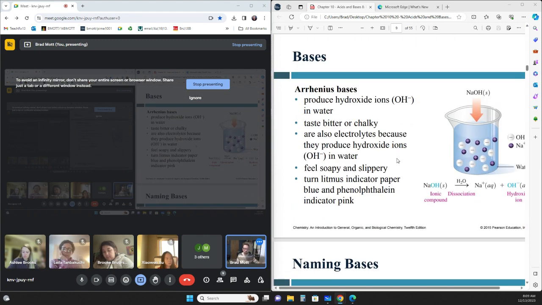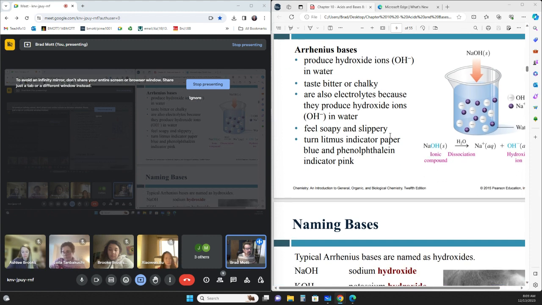So that's what an Arrhenius base is. An Arrhenius base is something that in solution is releasing or contributing hydroxide ions, which is this OH negative moiety that we've seen several times. They are, like I said, bitter. And of course, they are electrolytes because you have anions that are released in water.